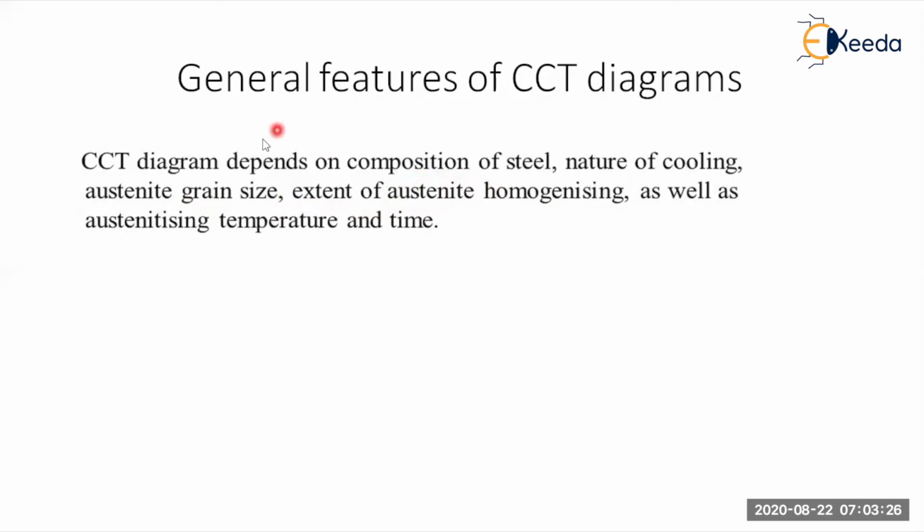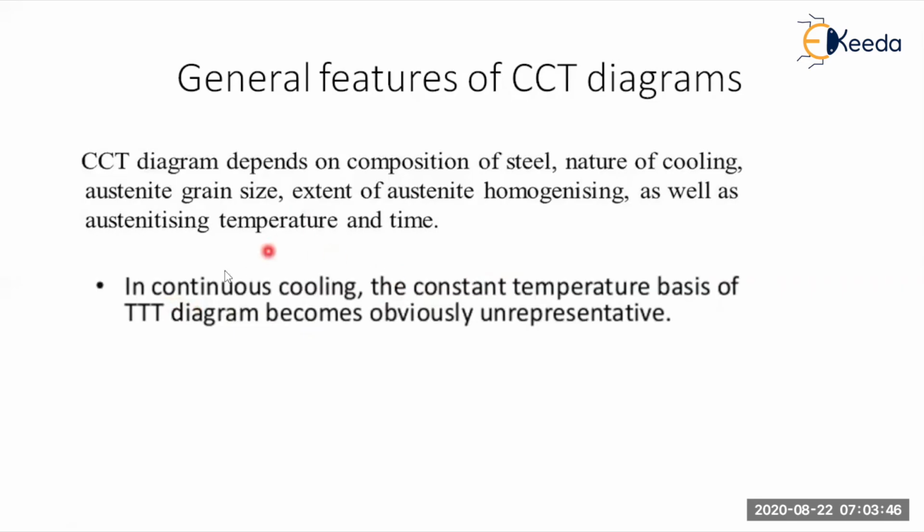Whatever transformation happens, that is martensite or bainite or pearlite, completely depends on the austenite grain size, the nature of cooling, the composition of steel, as well as the austenitizing temperature and time.